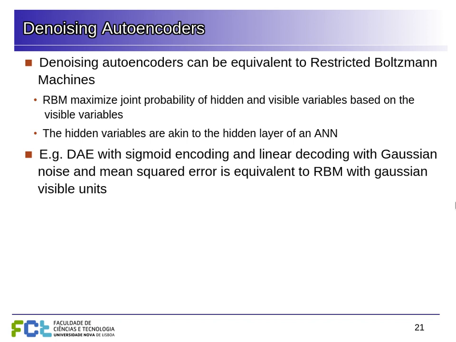So if we use denoising autoencoders that have just one hidden layer, and we use a sigmoid encoding and then linear decoding for the output, this would be equivalent mathematically to a restricted Boltzmann machine.